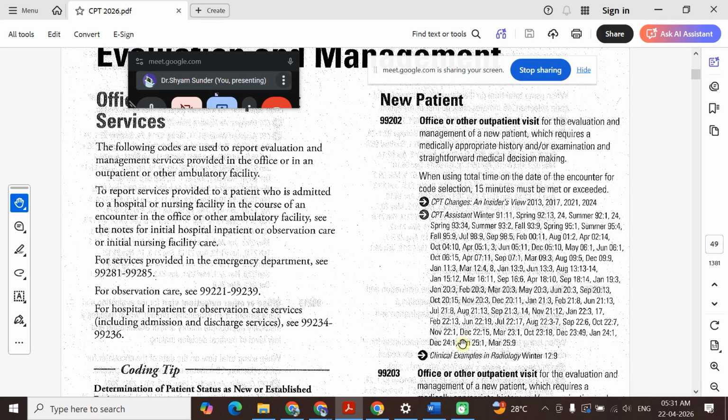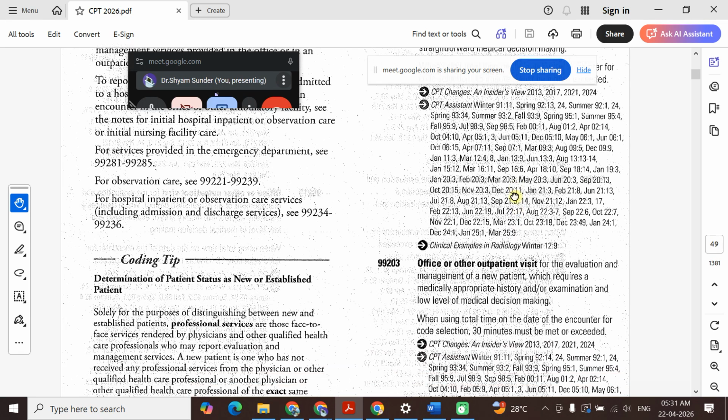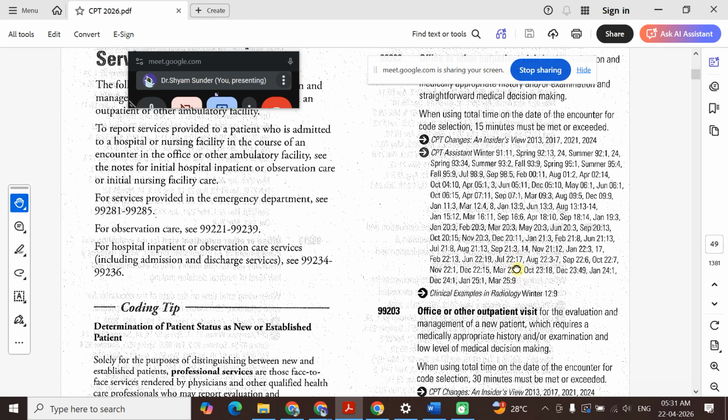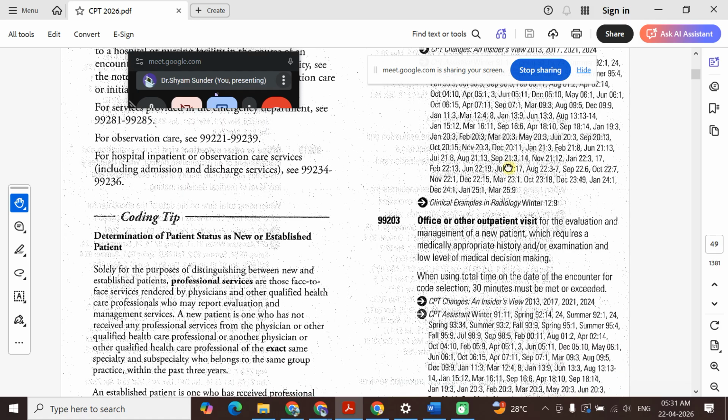Now, similarly, let us look at 99203. You just pay attention, read 99203, and let me know the difference between 99202 and 99203. There is a time difference over there, 15 minutes, and here 30 minutes. Excellent. That's the difference number one.